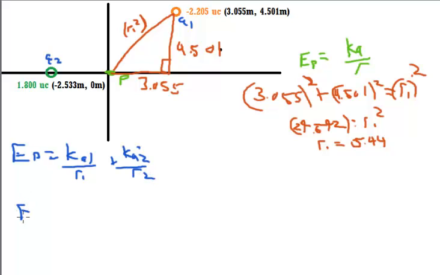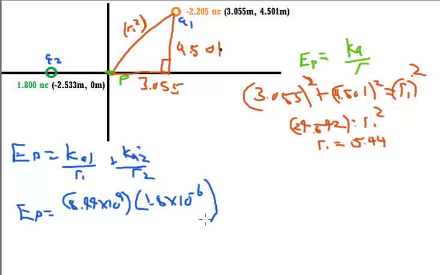So electric potential is equal to 8.99 times 10 to the 9 times 1.8 times 10 to the negative 6 over 5.44 squared plus negative 2.